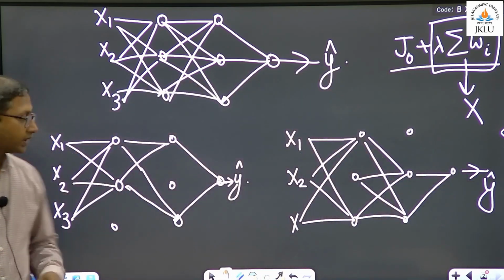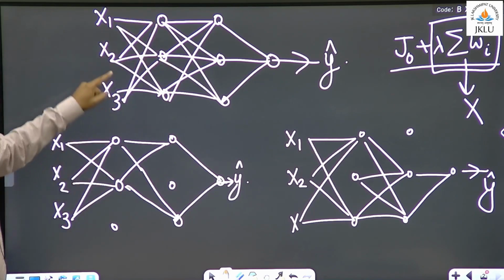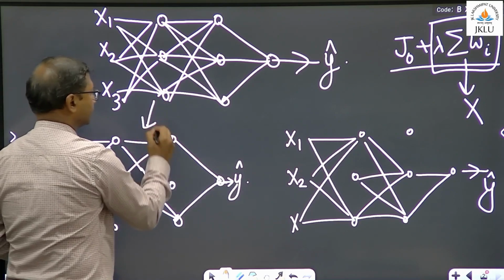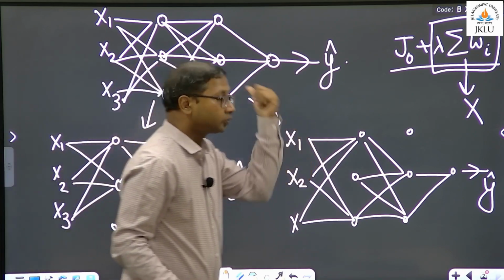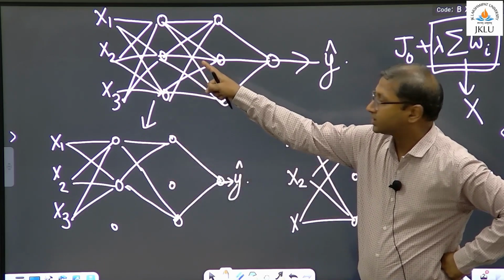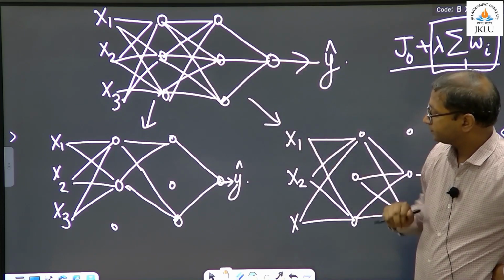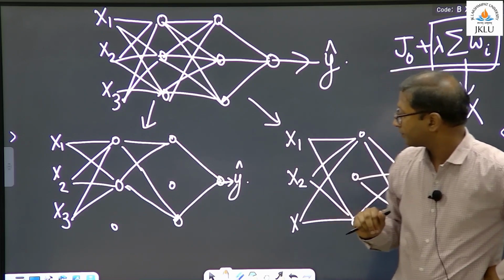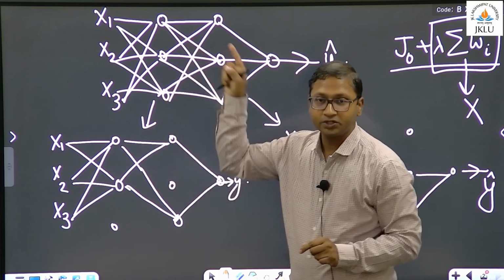So what is happening? This is my neural network. How is this changed? These two networks can be said to be derived from this upper one. How is this neural network related to this neural network?